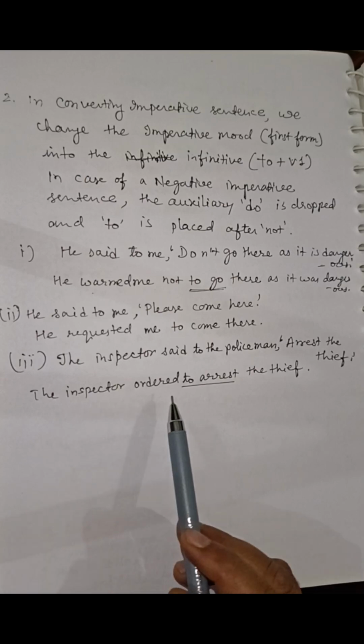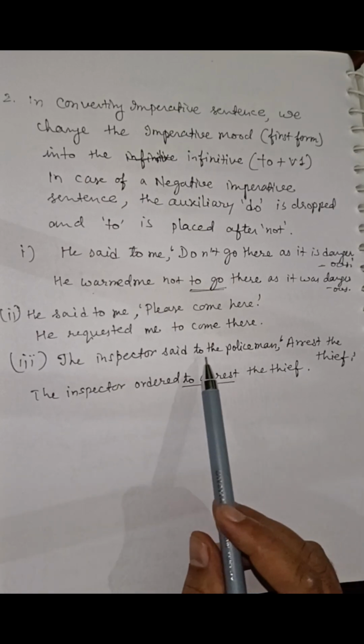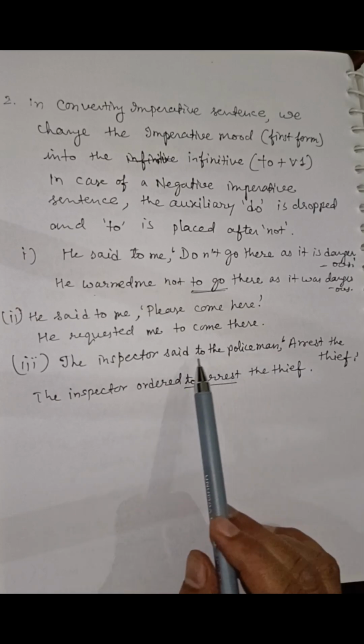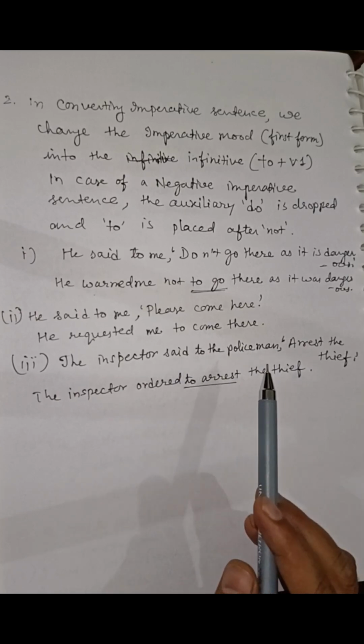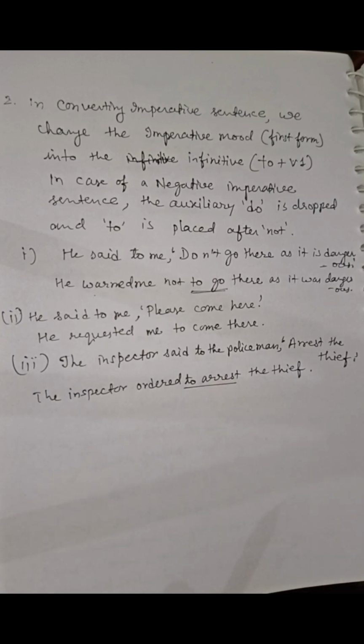Okay, the inspector ordered. We have to be very careful. We have to understand the mood of the sentence, the imperative sentences, whether it is a request or a command or a warning or an advice. That we have to be careful. Otherwise, it is quite easy.